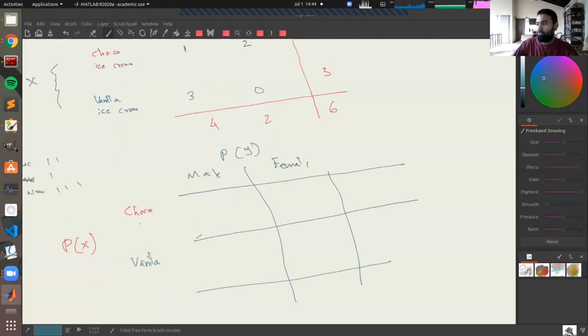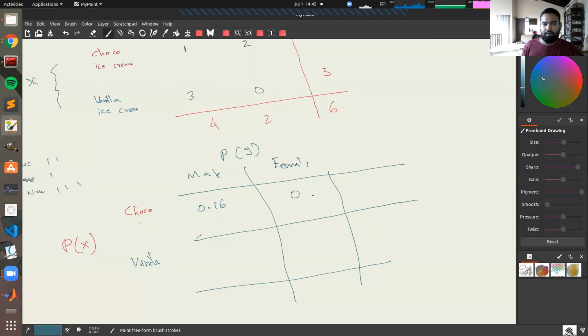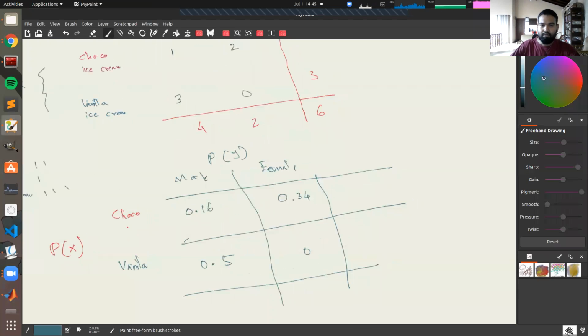Let me just quickly use MATLAB to do some maths. What we'll have is 1/6, and then twice of that, and then 3/6, which is 0.5, and then 0 here.